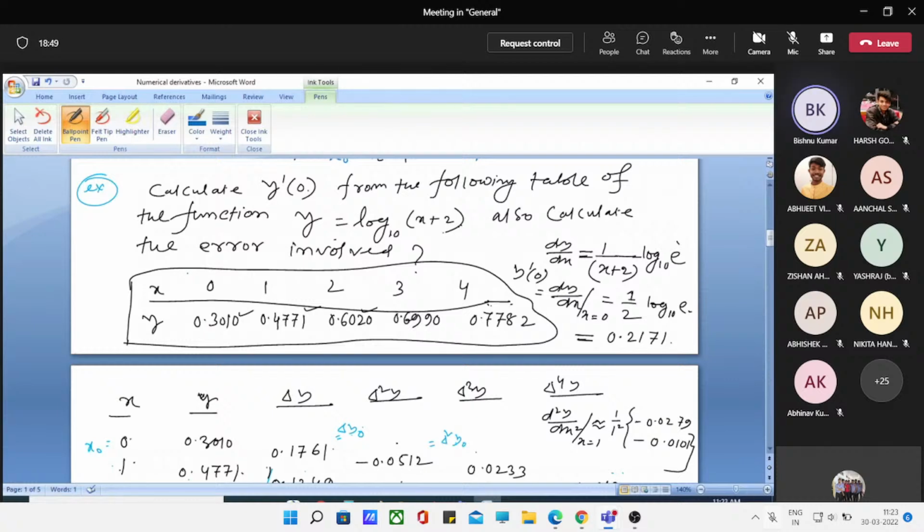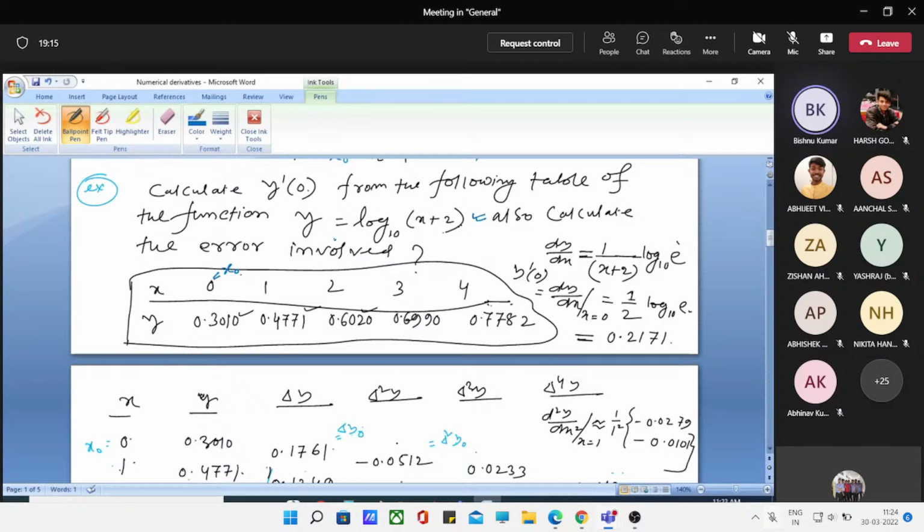From the following table of the function, this tabulated value is for this function. Sometimes the continuous function is not given to you, but here it is written. Sometimes the functional structure will not be given, only discrete data points are given, and that is why we are studying these numerical techniques.